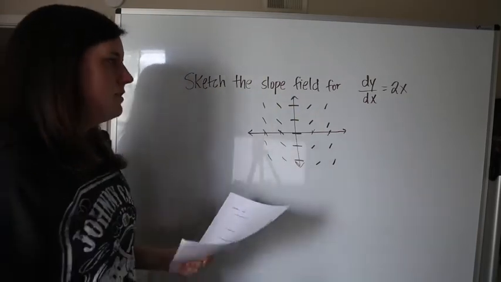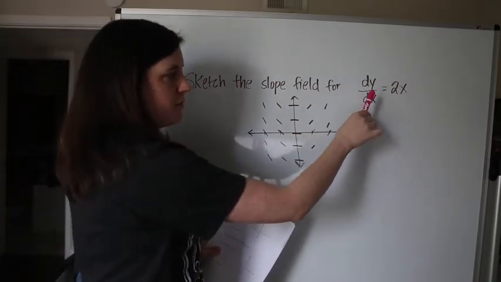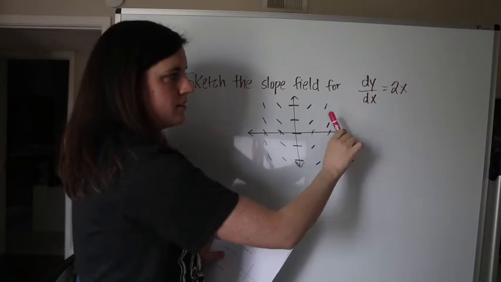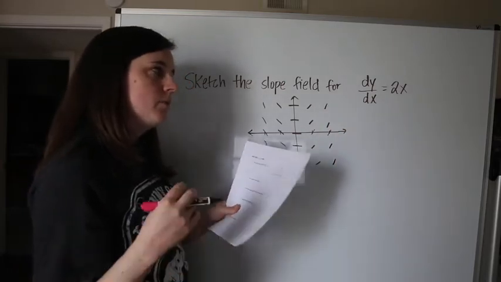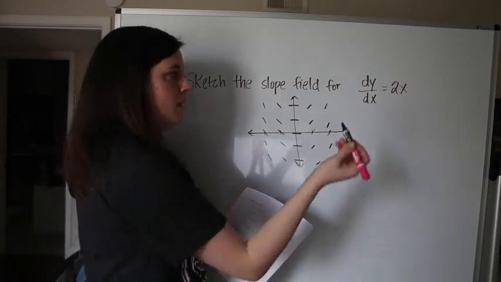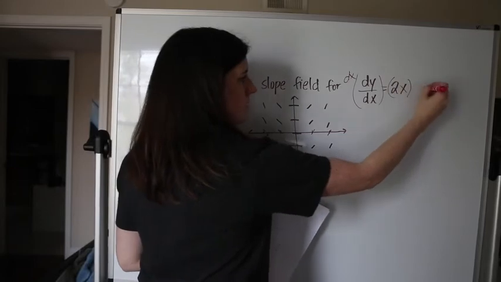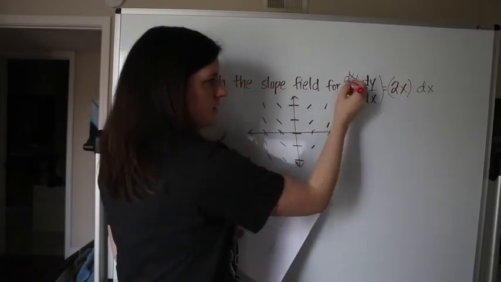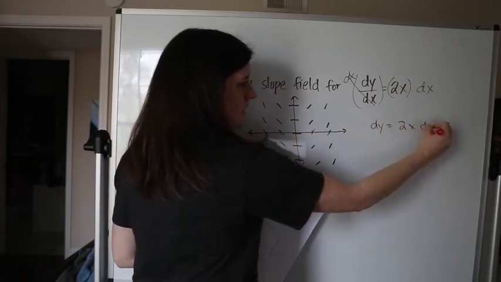But what it does say to do is to find the general solution. And so I want you guys to get in the habit now of putting your dx's with your x's and your dy's with your y's. We don't have a y in this differential equation, so we are not worrying about that right now. But for now, I'm going to go ahead and multiply both sides by dx to get my dx with my x's. So now I have dy equals 2x dx.